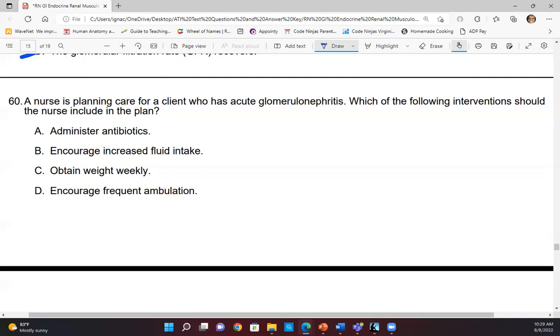So the prognosis is good if treatment is implemented early. So the contributing factors for acute glomerulonephritis could be a beta hemolytic streptococcal infection, right? Or it can follow tonsillitis or pharyngitis. With that said, what do you think now the correct answer is for 60?